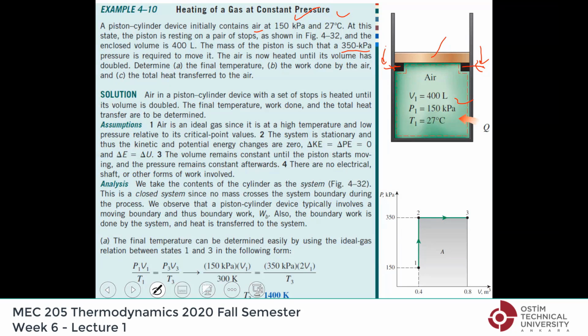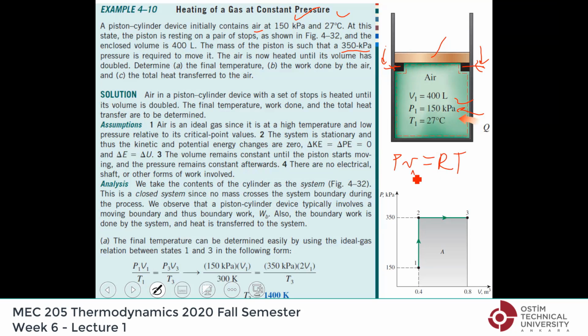Now we transfer heat, as you see here. As air is heated at constant volume, what will happen to temperature? From the ideal gas relation, PV is RT, right?